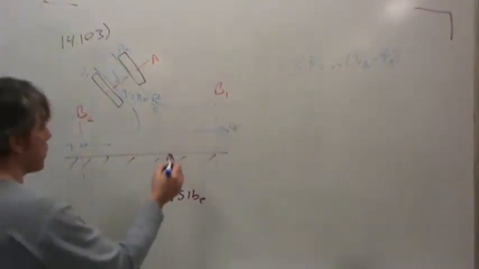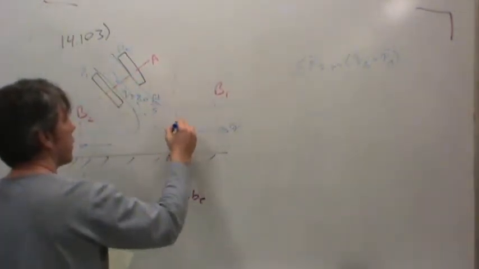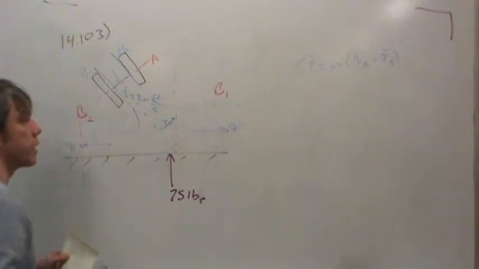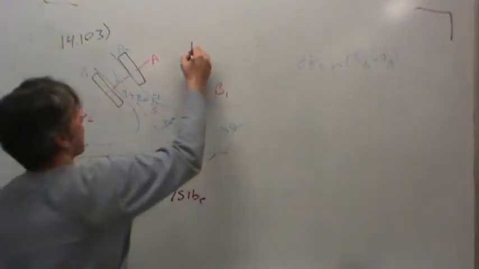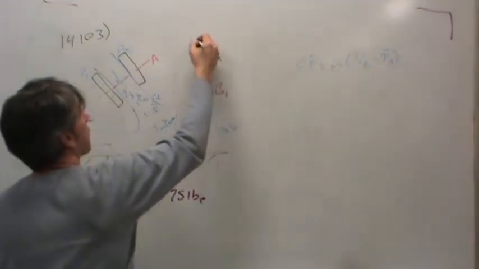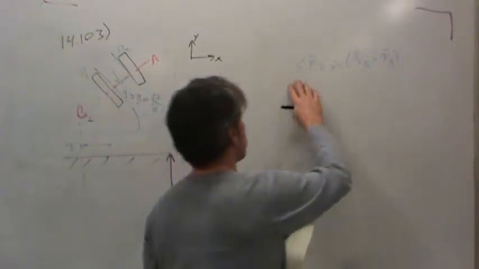Another piece of information, the stream comes in at an angle to vertical of 30 degrees. I'm going to attach a coordinate system that looks like this. X to the right, Y positive up, because I have to be careful with the directions in using this equation.